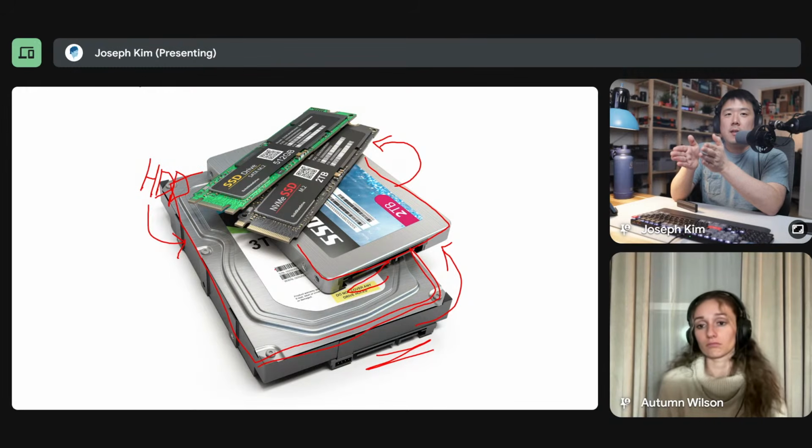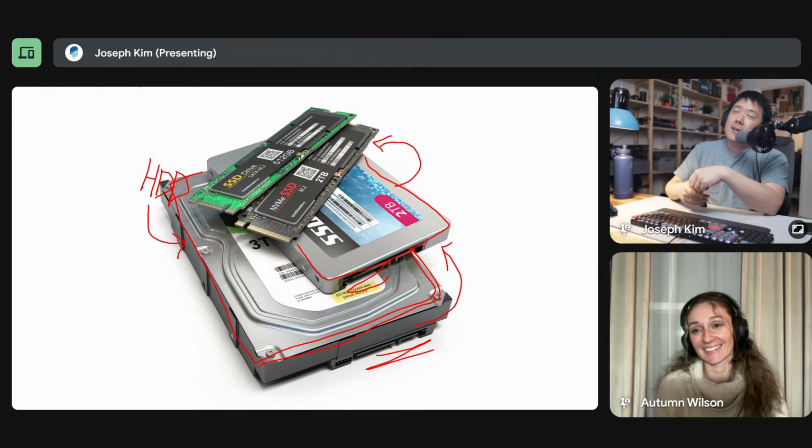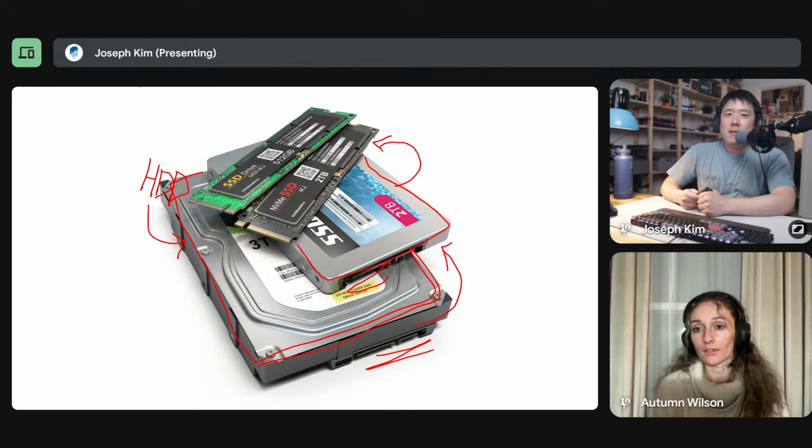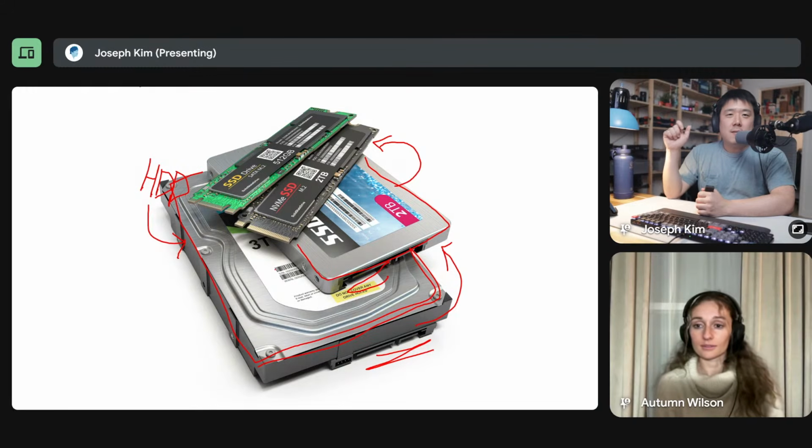Because these things break more often, I think in my life total, I have replaced or at least experienced 30 hard drives that broke on me, and all other parts of the computer, such as monitor, motherboard, power supply, graphics card, everything.